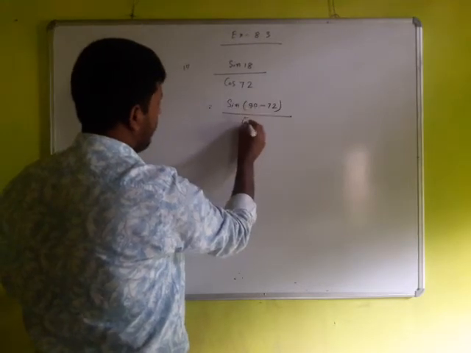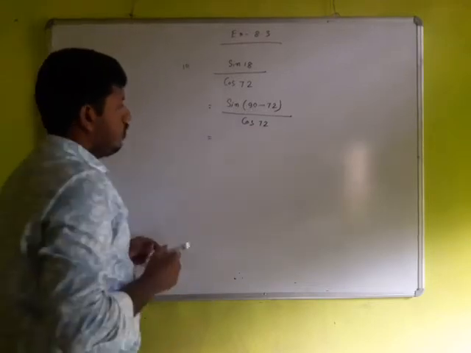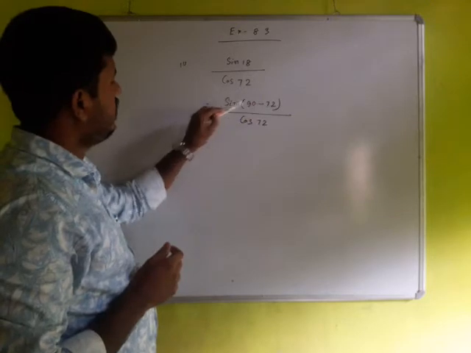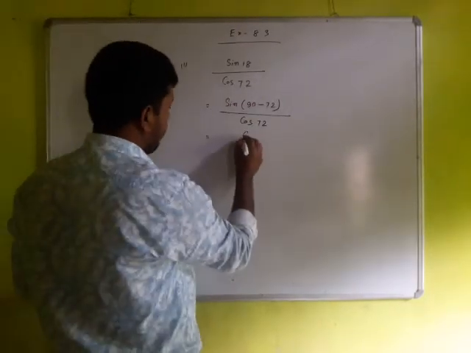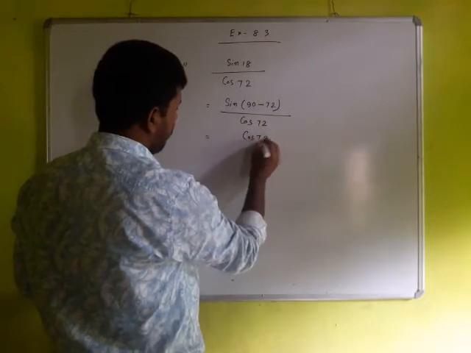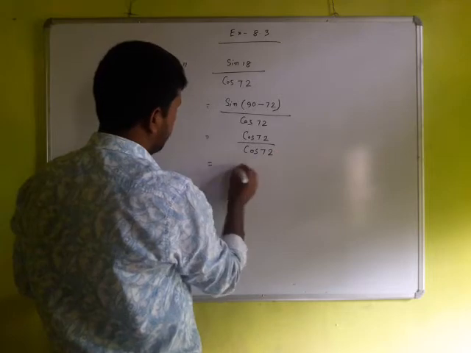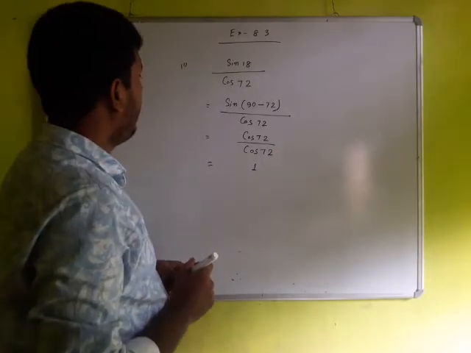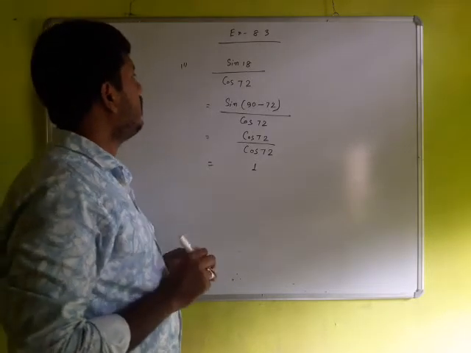Cos 72 will remain the same. The formula is sin(90 minus theta) is cos theta, so sin(90 minus 72) will be cos 72. So cos 72 divided by cos 72 is 1. Depending on this complementary angle formula, we can solve the questions given in exercise 8.3.